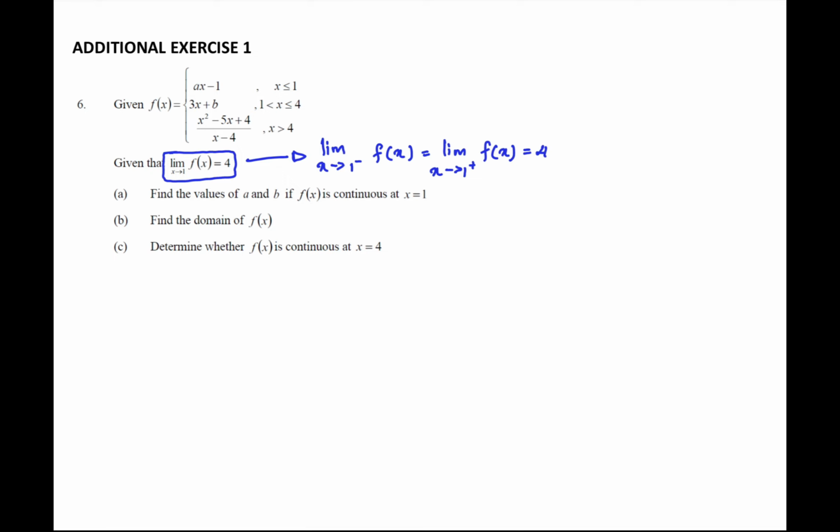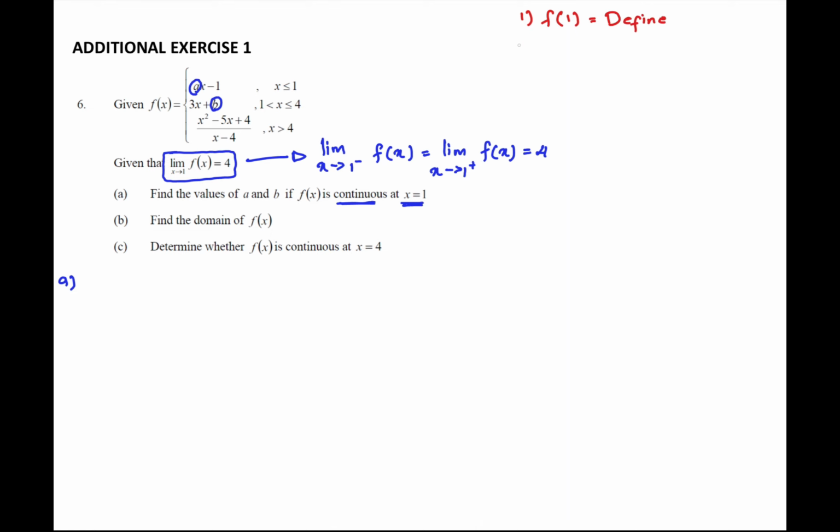So question A, find the value of a and b if the function f(x) is continuous at x equal to 1. So you want to find the value of a and the value of b. This one is continuous. So we know that when a function is continuous, it must satisfy these three conditions. The first one, f(1) is defined.